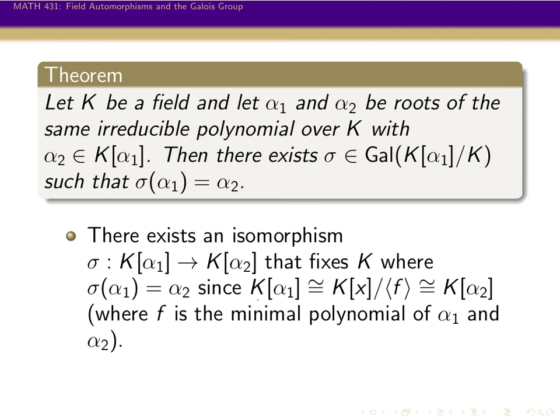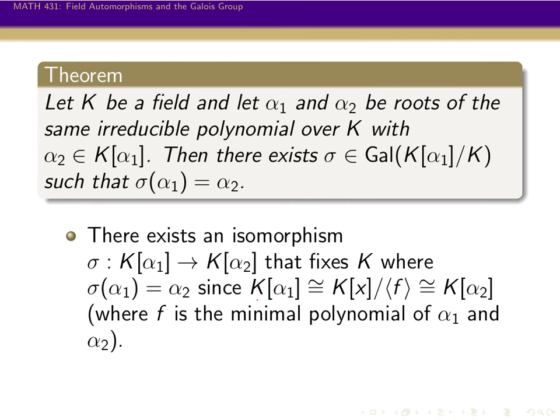And so it boils down to that K adjoin alpha 1 is isomorphic to the polynomials over K modded out by the minimal polynomial for alpha 1. But since the minimal polynomial for alpha 1 is also the minimal polynomial for alpha 2, this is then isomorphic to K adjoin alpha 2.